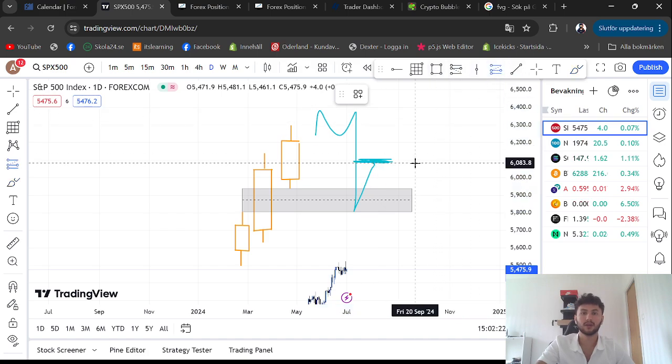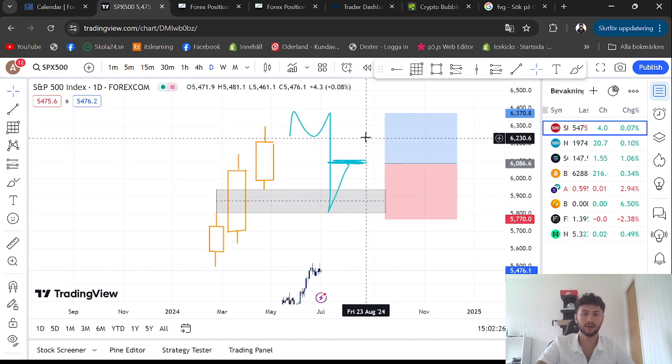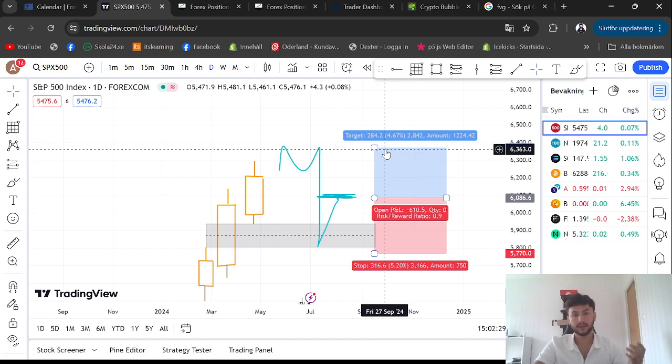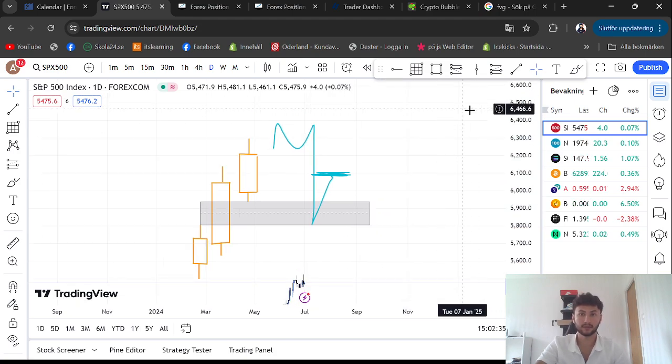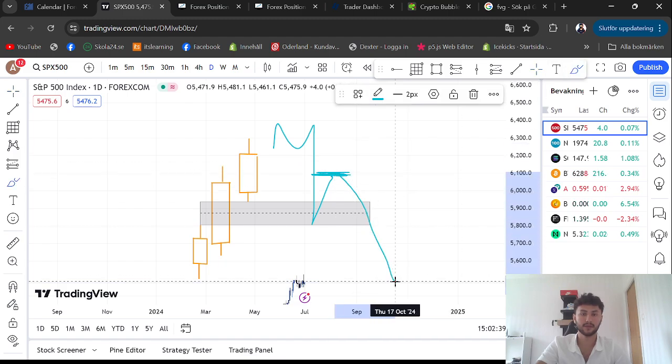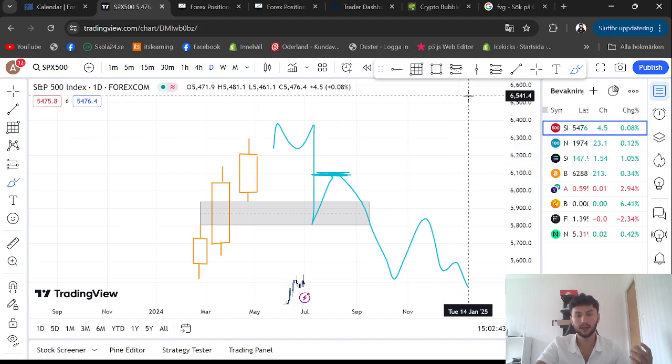You don't just go long because you saw a candle close above the fair value gap. Why? Let's say that your bias is bearish, then it's probably going to come and disrespect this fair value gap and push lower. You understand? So you can use fair value gaps based on your daily bias, and it's important what your daily bias is, either looking for a short or a buy.